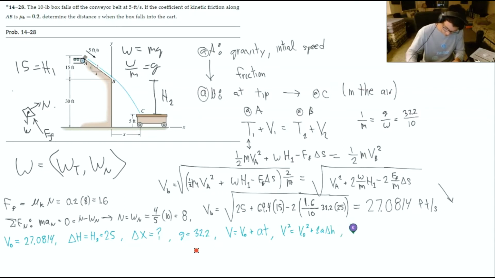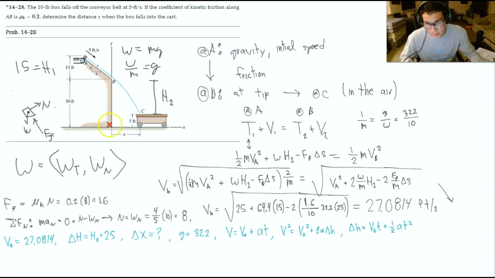And the last one is change in height is equal to VOT plus 1/2 AT squared. So these are 3 kinematic equations, and we're going to figure out which one to use.